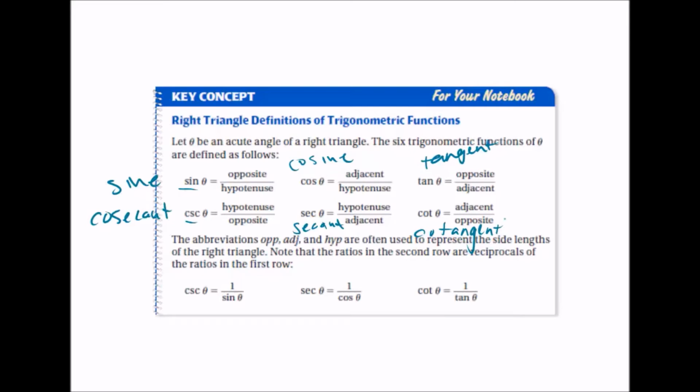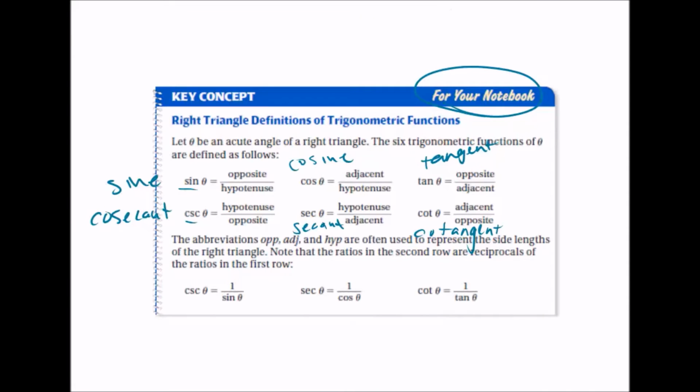Now the interesting thing about this is, I take it from the textbook, but it says for your notebook. And we actually have notebooks that you can write this in. How cool is that? So what do these things actually mean? Well, all of these relate to a right triangle still. And what it's telling you is you can find out more about the right triangle if you know this trigonometry. So let me get an actual right triangle here.